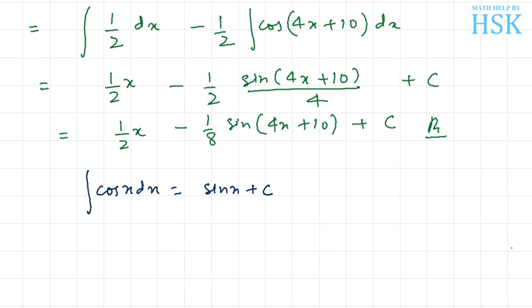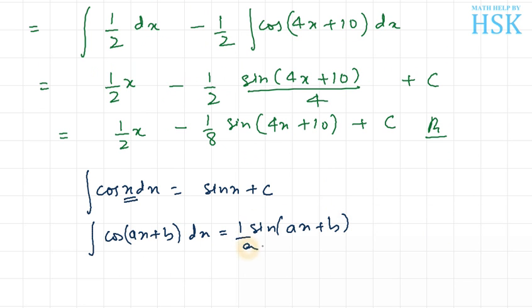If we have to integrate a function like cos of ax plus b, the difference is that here we have only x, and there x is replaced by a linear expression. Then this is equal to sine of ax plus b upon a plus c.